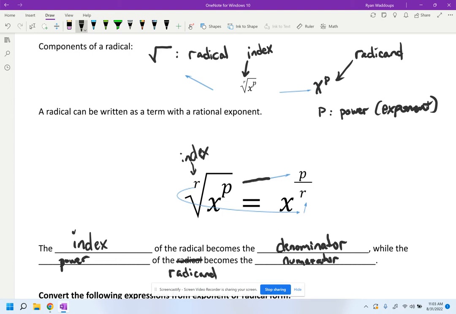So this p goes up to the numerator, and the index r becomes the denominator of the exponent.